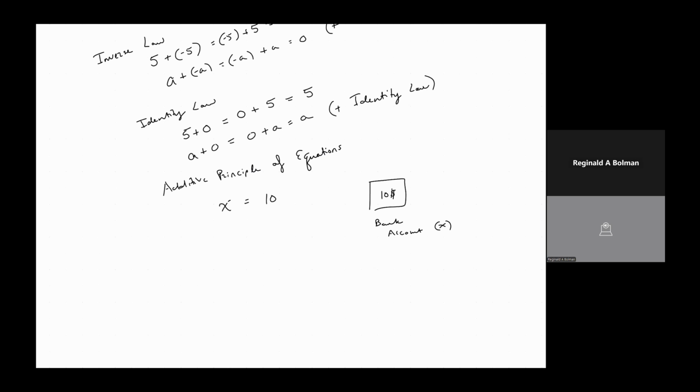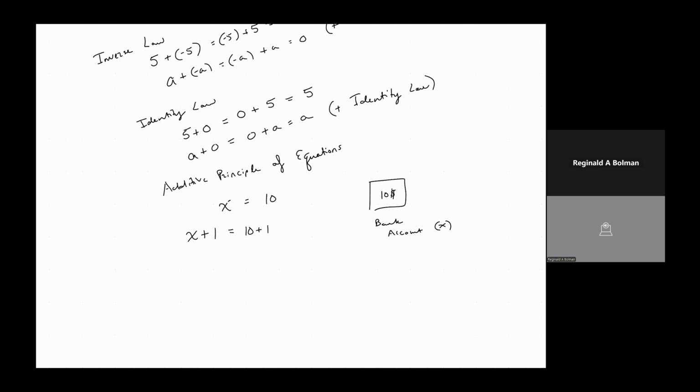Now, what the additive principle of equations is saying is that anytime you have an equality, you may add in like parts across an equal sign, and that will maintain the balance of both sides of your equal sign.